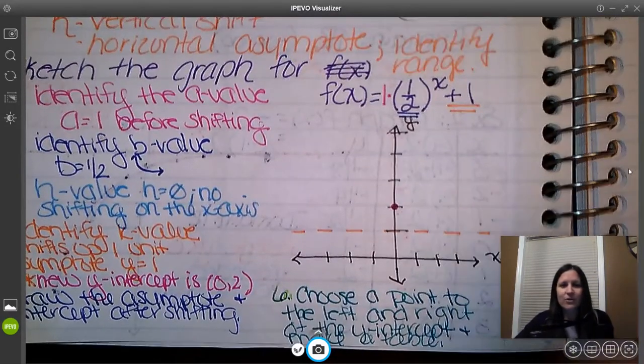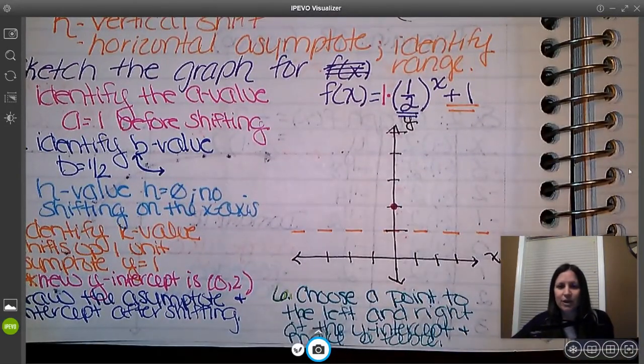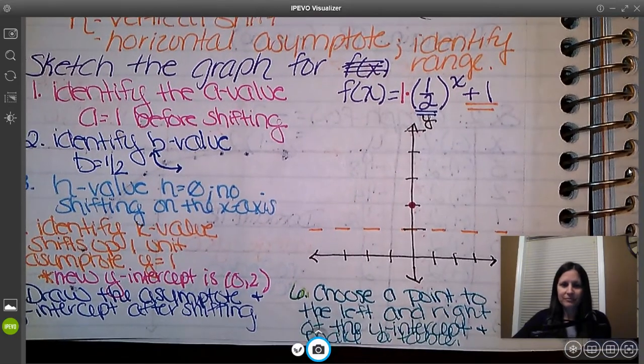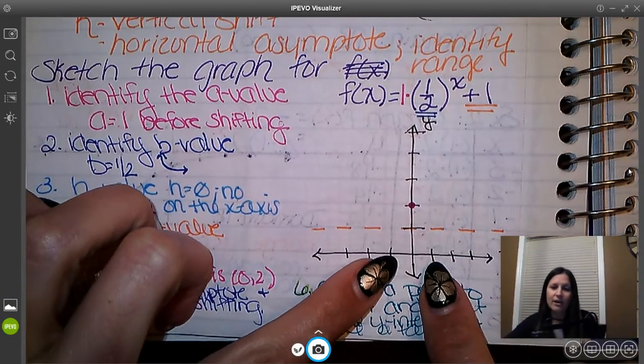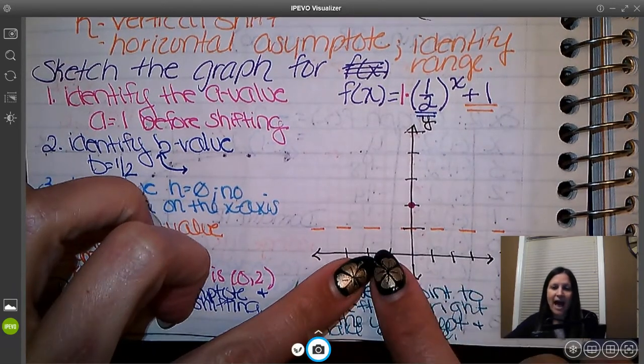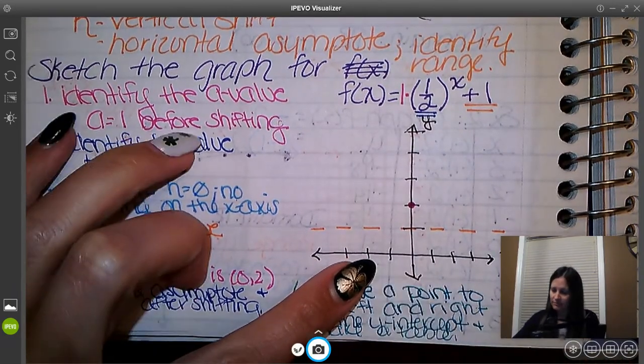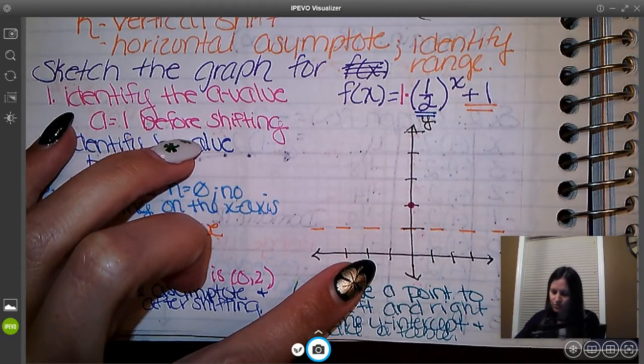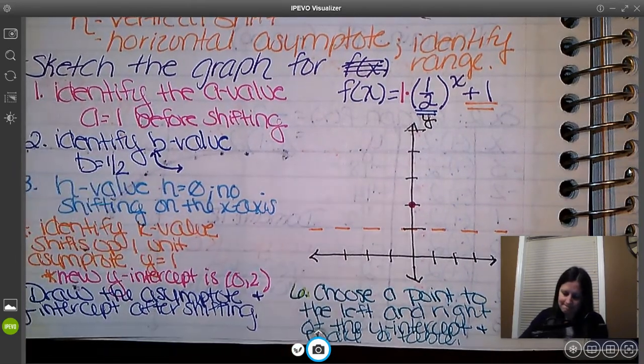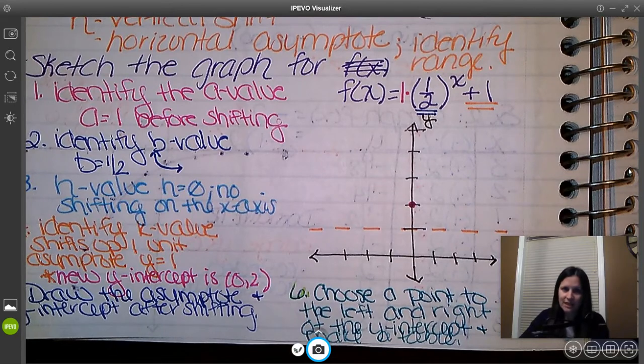All right, so I know this looks really scrunched up. Okay, so we're gonna choose a point to the left and the right. I don't want to confuse you guys.